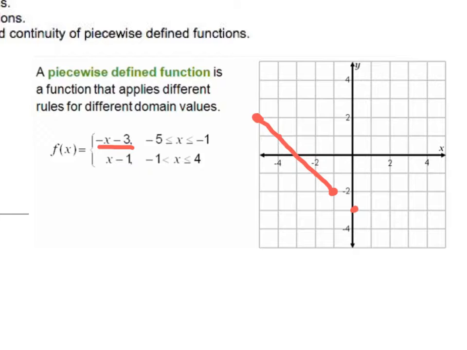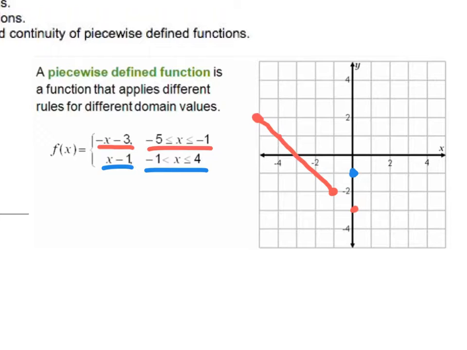Then we have this other graph of x minus 1, and that is defined between negative 1 and positive 4. If I come over here, x minus 1 has a y-intercept of negative 1 and then a slope of positive 1.